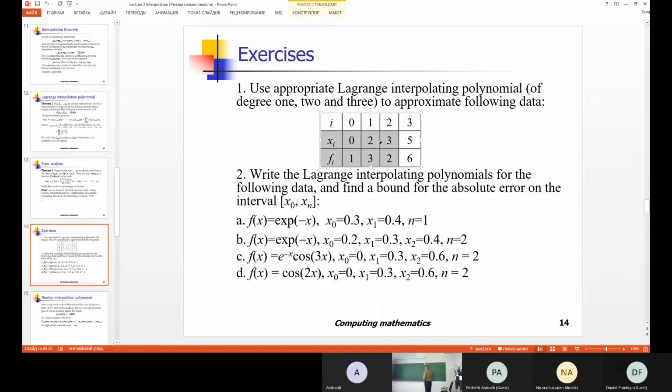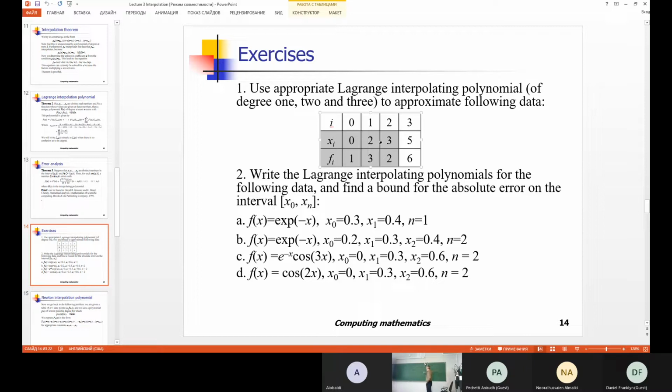What is P2? This 1 over 6 I can move outside. L1 is x squared minus 5x plus 6.